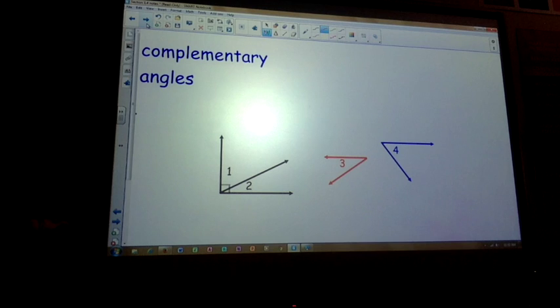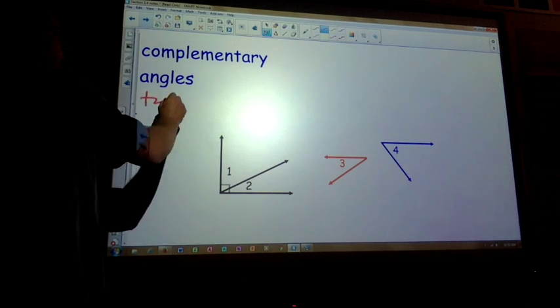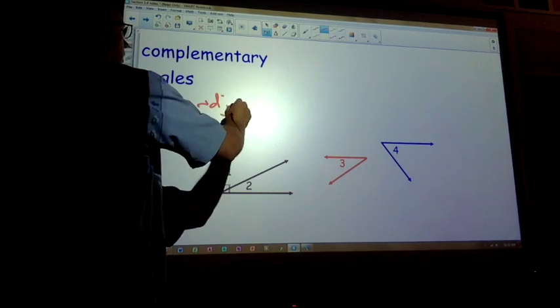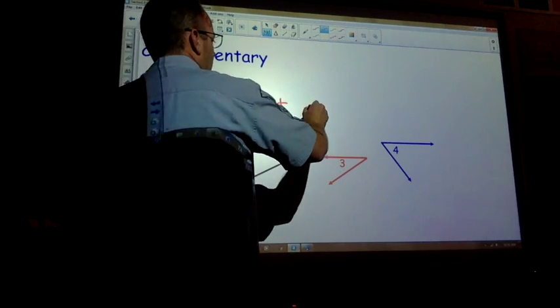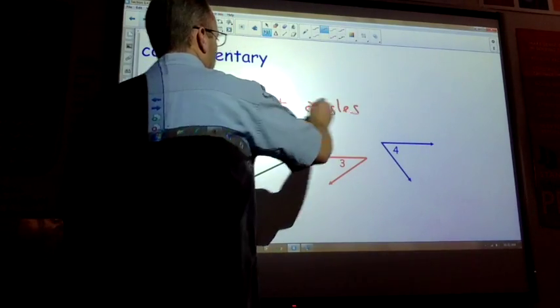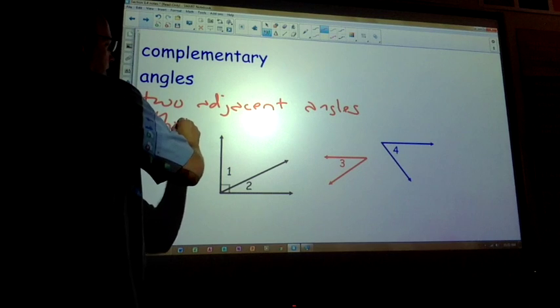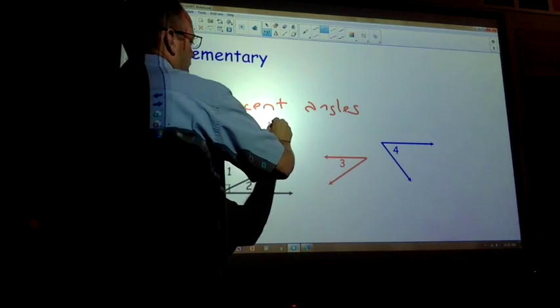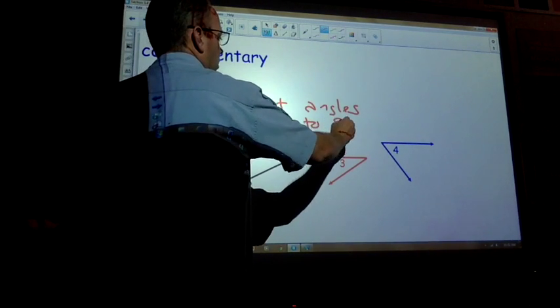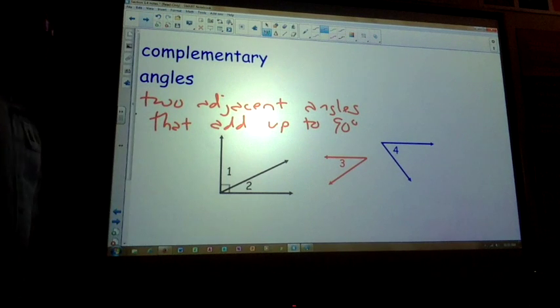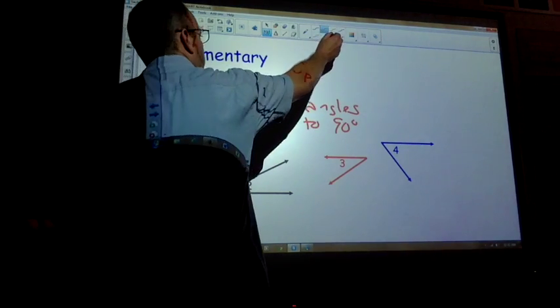Complementary angles. You've heard this over and over again. Two angles that add up to 90 degrees. So two adjacent angles that add up to 90 degrees exactly. Okay? Question?